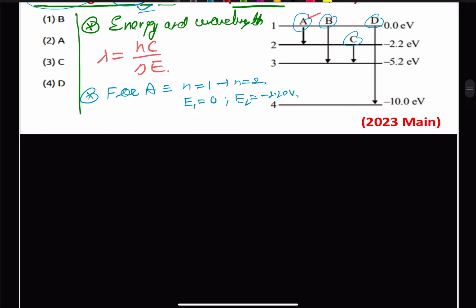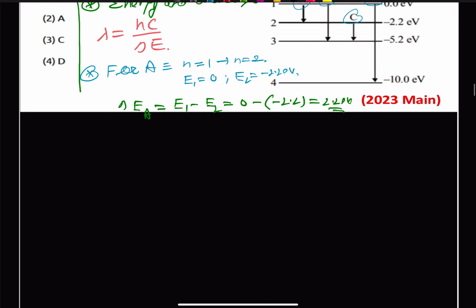Therefore delta EA will be equal to E1 minus E2, which is 0 minus of minus 2.2, giving us 2.2 electron volt.